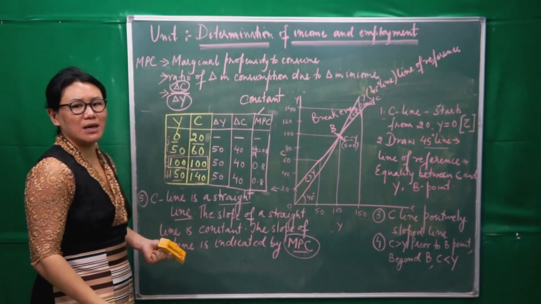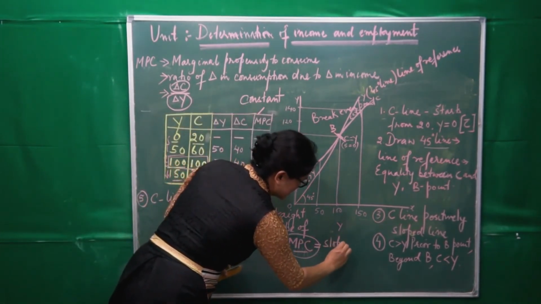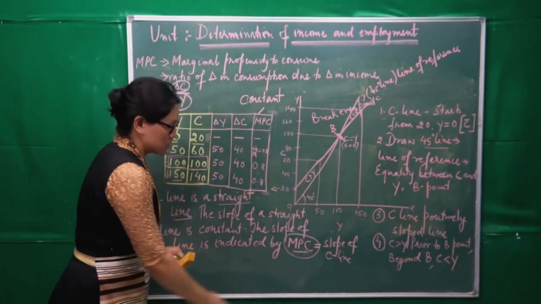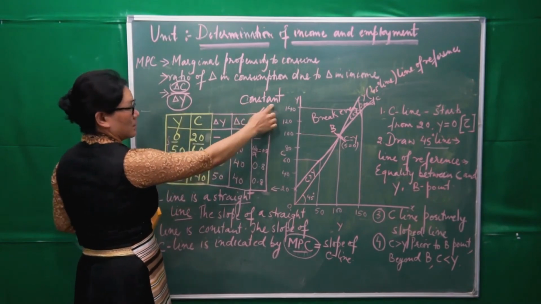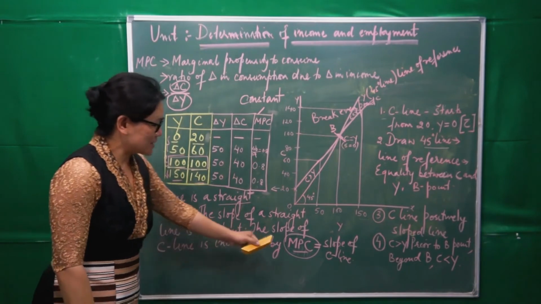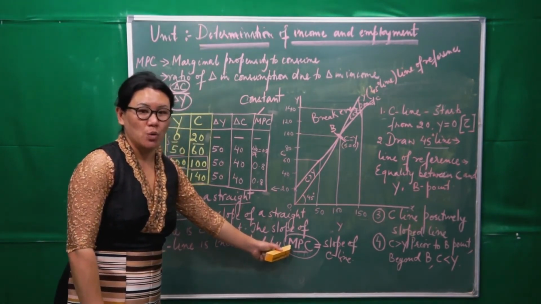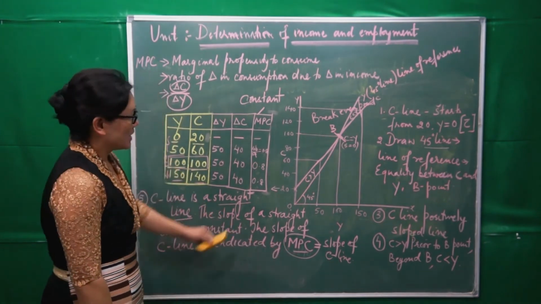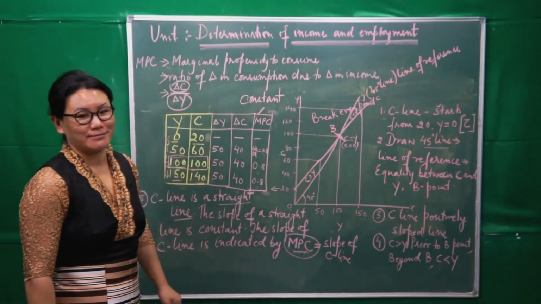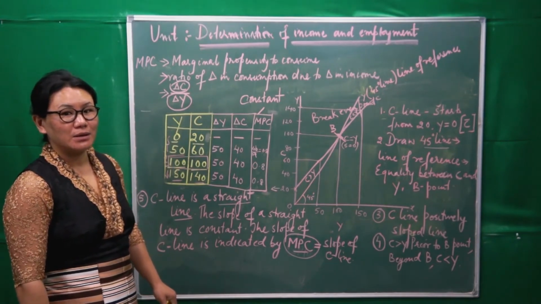MPC is nothing but the slope of the C line. So MPC, how much is it becoming? MPC is constant here. And this constant MPC shows what? That this C line is a straight line. Is that clear? Okay.